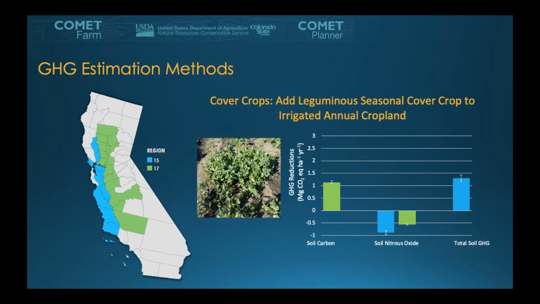And the numbers are going to be an average of all those different points within that ecoregion. So when you're selecting a county in COMET Planner, you're tying your county to the MLRA in that area. And so point level carbon stock and greenhouse gas emissions changes modeled in COMET Farm were averaged to the regions in this area to provide your regional estimates in COMET Planner.